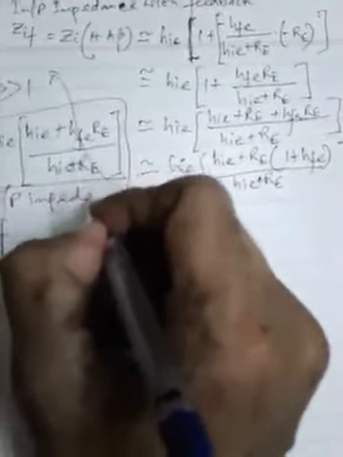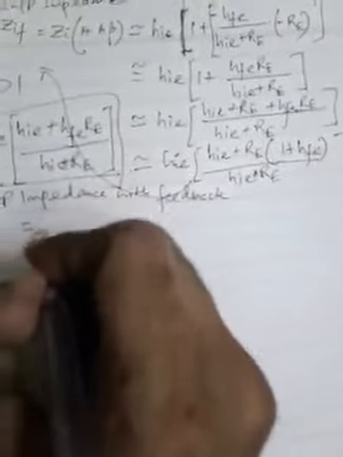And if we want to find the output impedance, that is ZOF with feedback, it is given by ZO into 1 plus A beta.